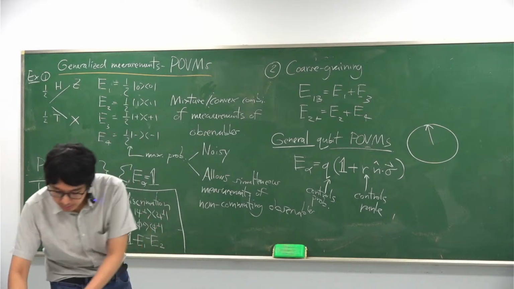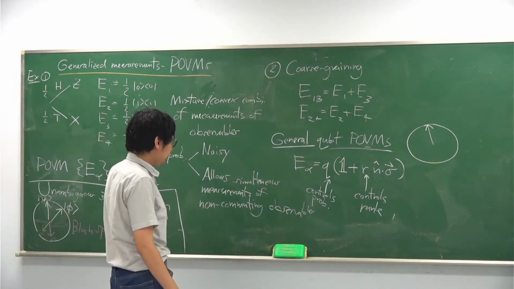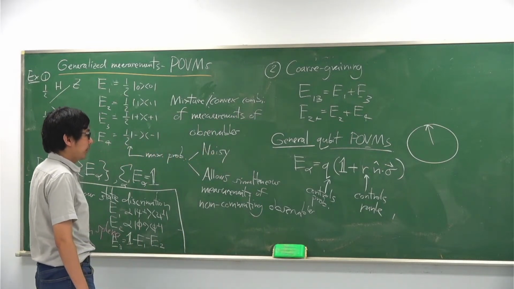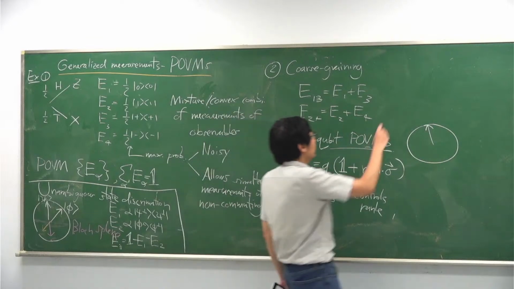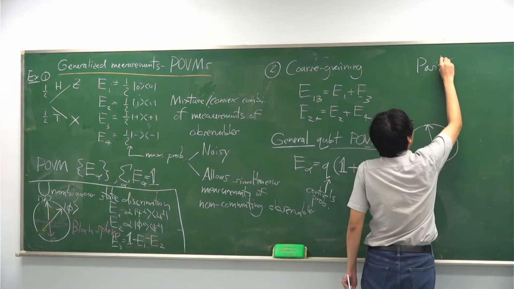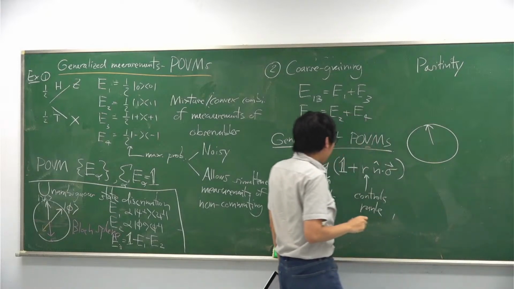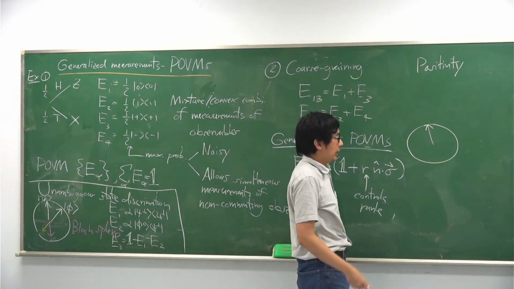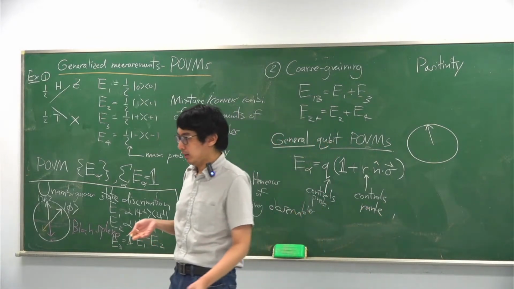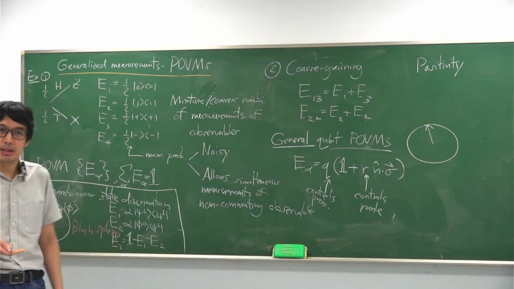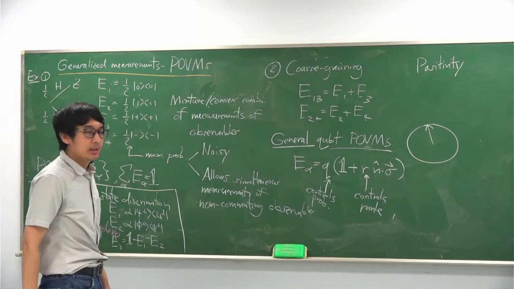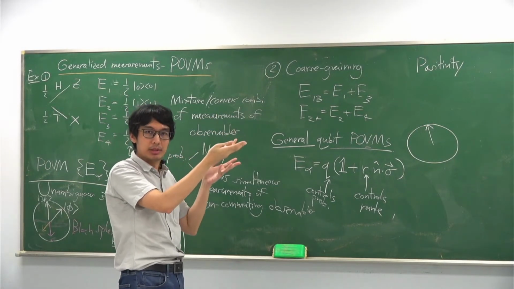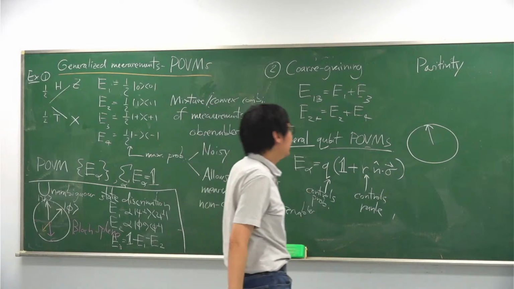So what are the constraints on these vectors? Well, for positivity, we know how to characterize positive operators in this case, right? So everything that goes outside the Bloch sphere is not a positive operator. It has negative eigenvalues.